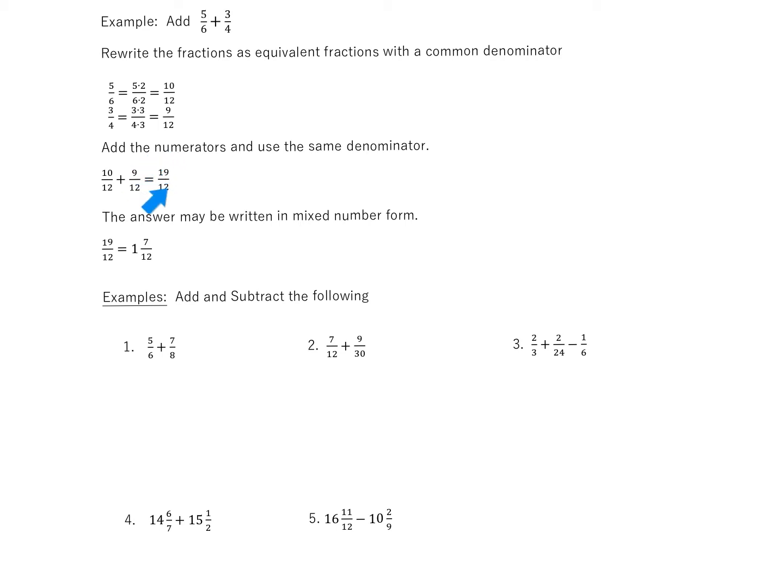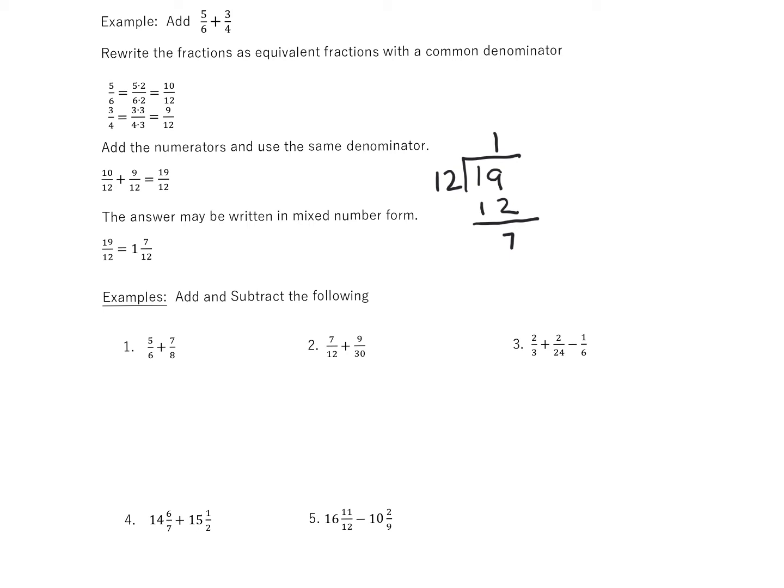Now this fraction is in improper form. If you would like to write it as a mixed number, one way to do this is you can take the numerator, divide it by the denominator. 12 goes into 19 once, and we have a remainder of 7.